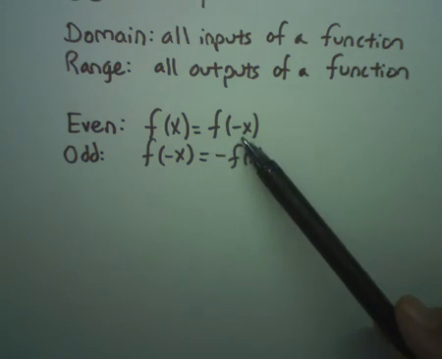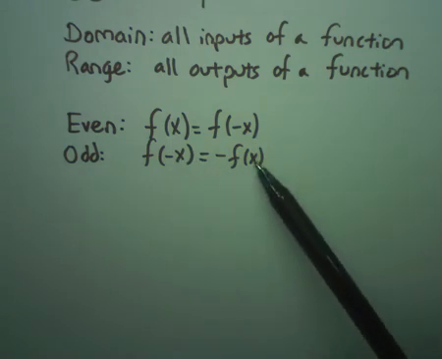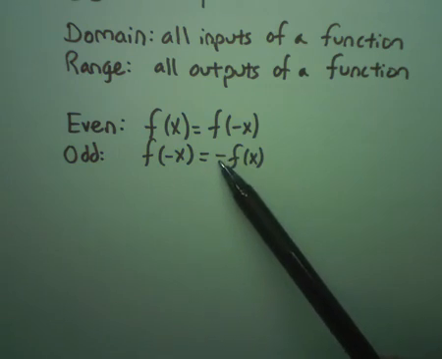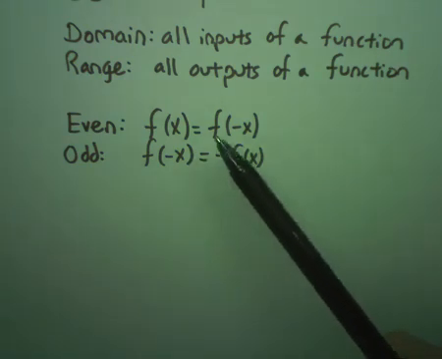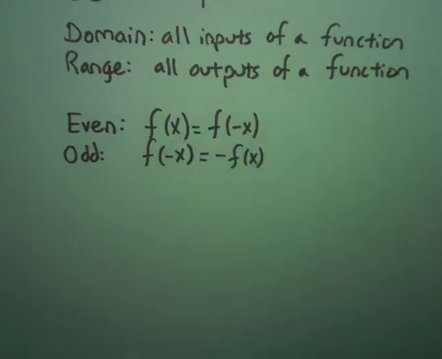There's some trig functions that work that way. And odd says if you plug in -30 degrees, that's the same thing as plugging in +30 degrees, except opposite sign. And there's some trig functions that work that way also. For the even ones, where if you plug in 30 and -30, you get the same result.